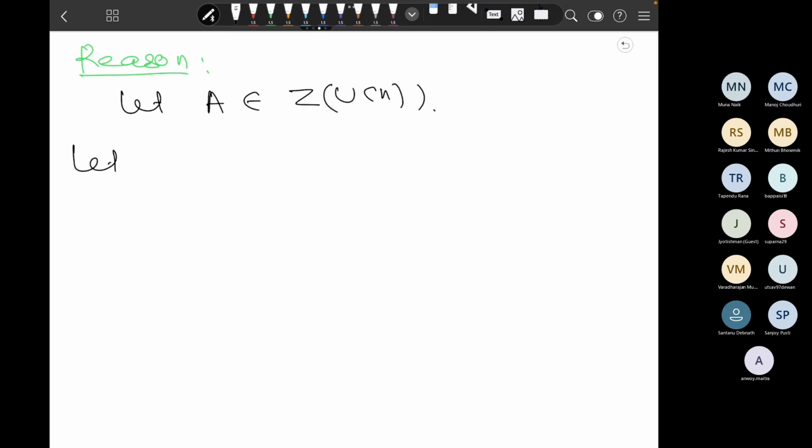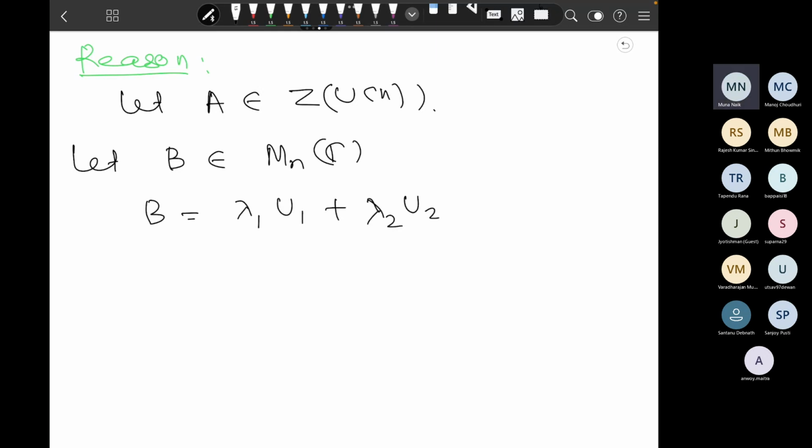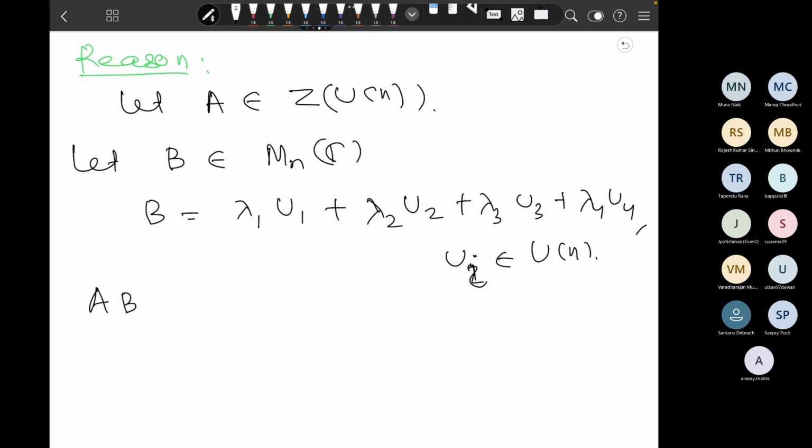Let B belong to M_N(C). So then B can be written as some lambda_1 U_1 plus lambda_2 U_2 plus lambda_3 U_3 plus lambda_4 U_4, where U_i belongs to U_N, right? Now, therefore AB is equal to BA, right? Do you get now?